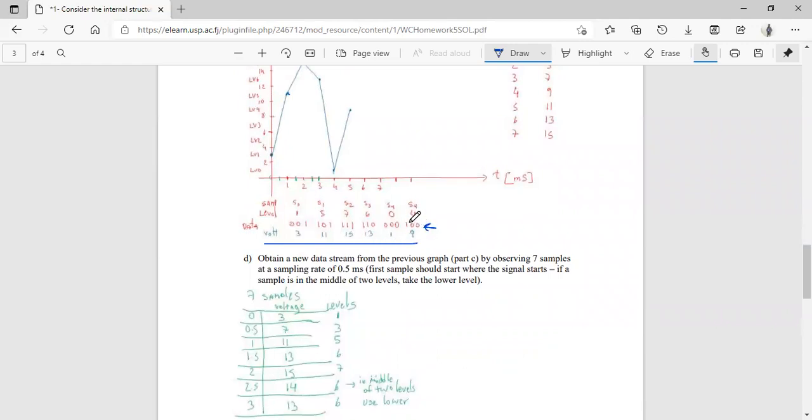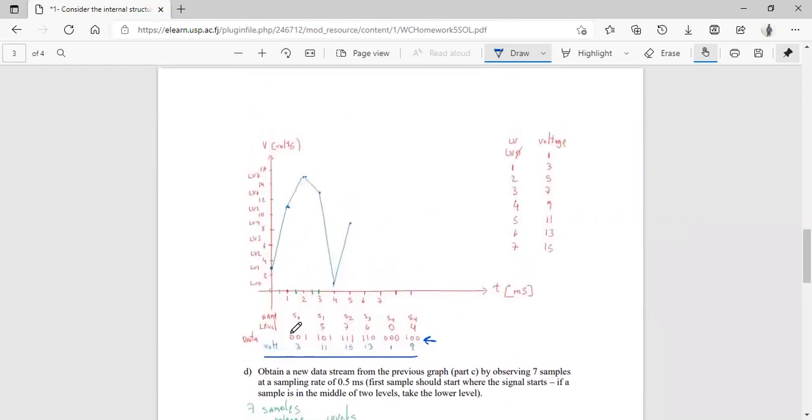So basically, we first group the bits into sets based on the number of levels of the PCM. If it's an 8 level PCM, we need 3 bits to represent an 8 level system, so we group it into sets of 3. If it was a 16 level system, we'd need 4 bits, so we group it into 4 bits.